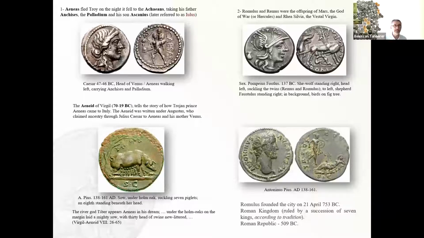When Aeneas arrives at the shore of the river, the story goes that he would see this sow with the piglets, and that's where it was predicted that he would found the city.